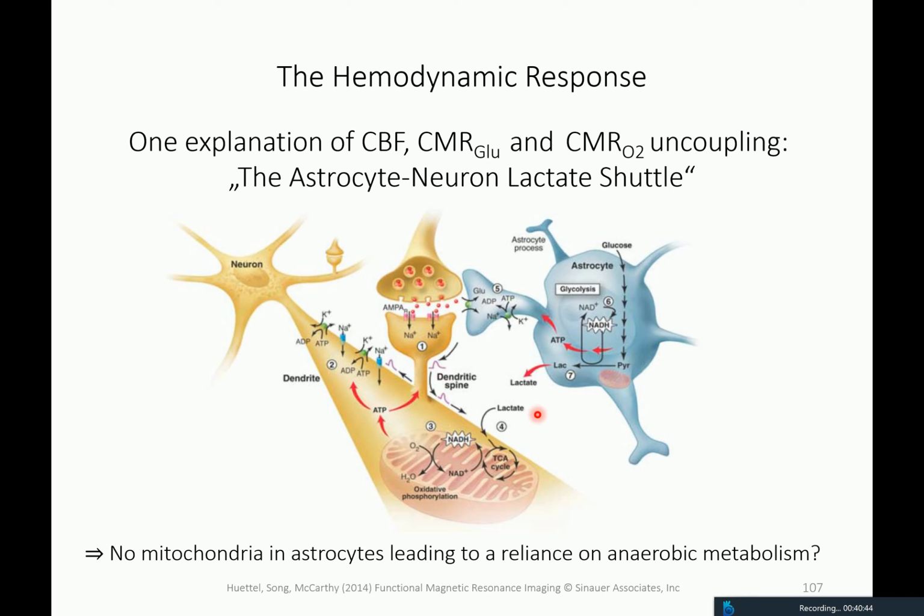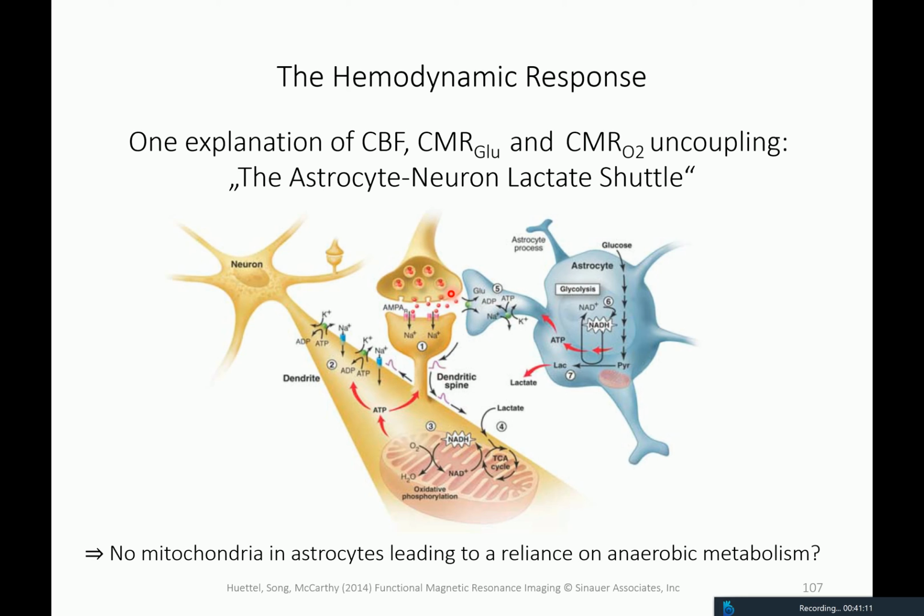But the idea here is that neural activity happens. And of course, we have seen that neurons and astrocytes are quite closely together. Astrocytes have to do something when neural activity happens. They are involved quite a lot in synaptic activity, as we've heard before.